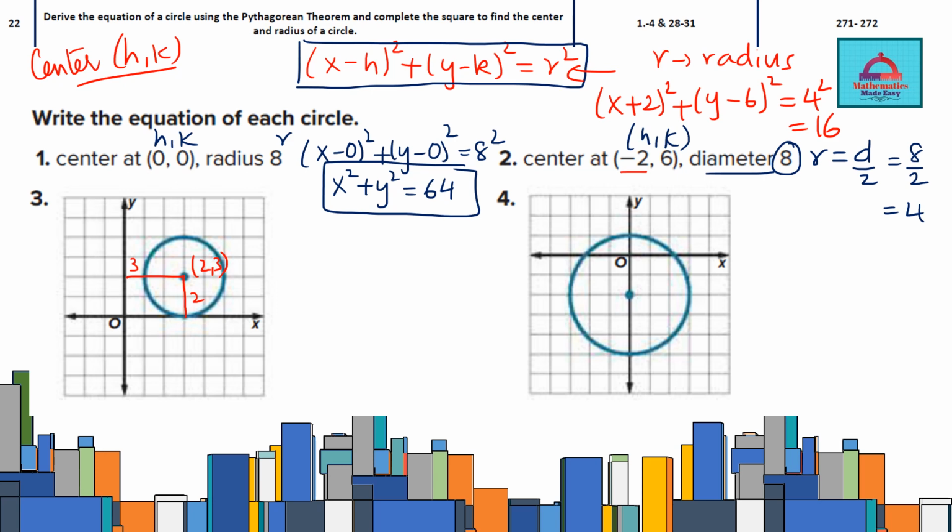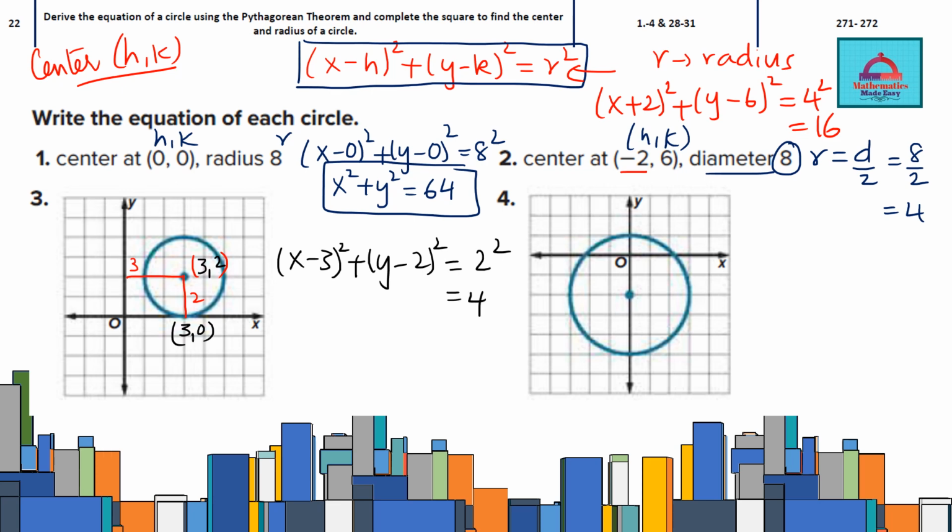I'm going to correct this. So the coordinates are going to be x is 1, 2, 3. This point is 3 comma 0. So this point is going to be 3 comma 2. X is 3, y is 2. So the center is 3 comma 2, and the equation is (x minus 3) whole square plus (y minus 2) whole square is going to be the radius square, which is 2 square.